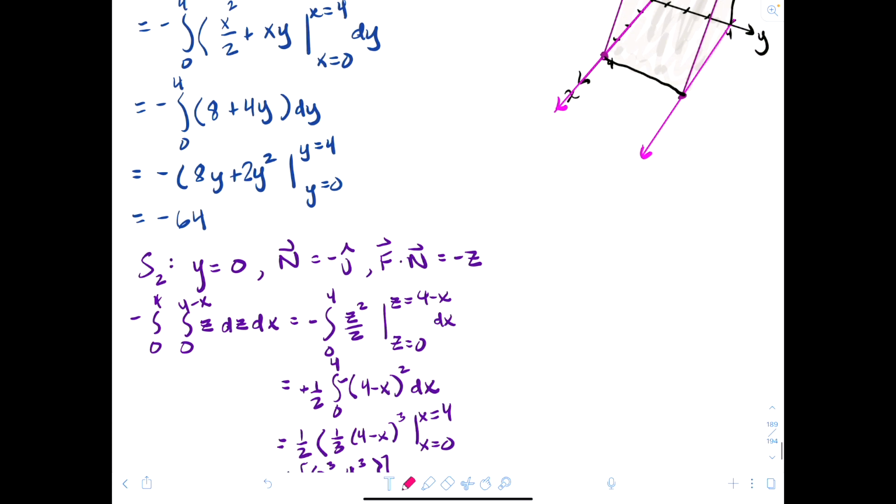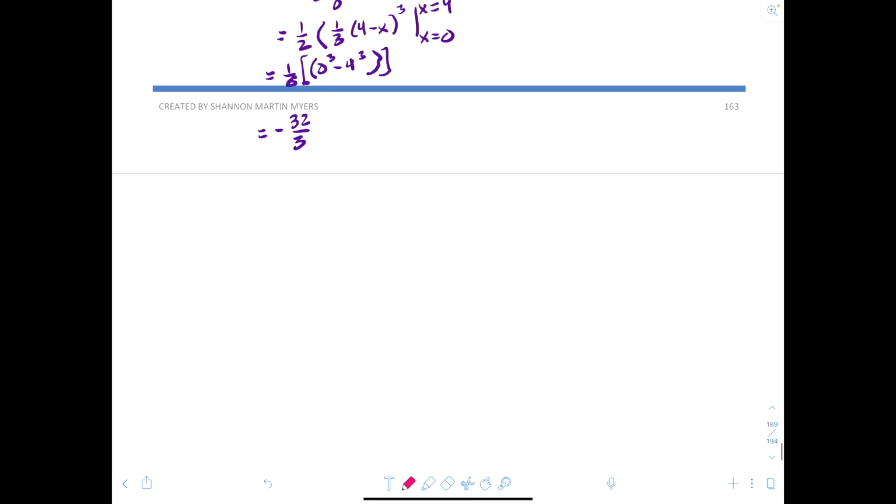Okay, so it'll be similar. So actually we can do surface 3. Y equals 4. So that means that n is going to be j, and f dot n will be equal to positive z. So let's do it.